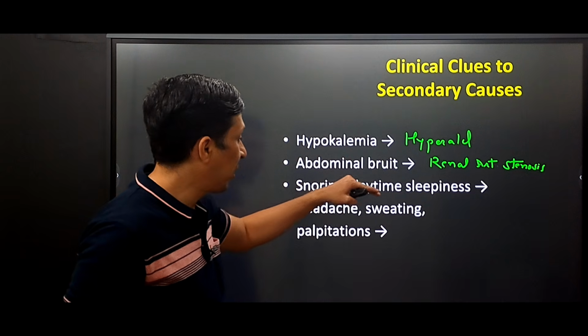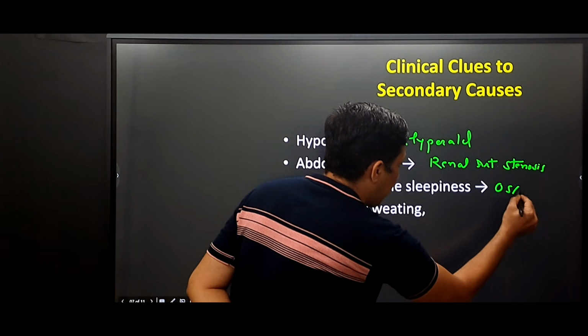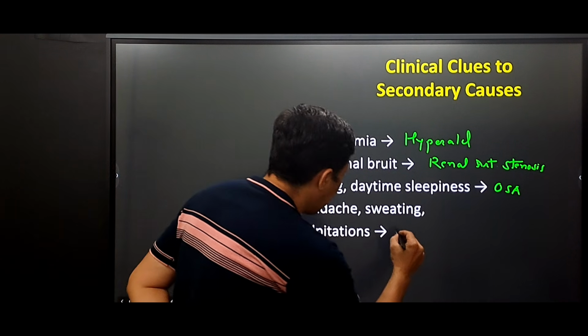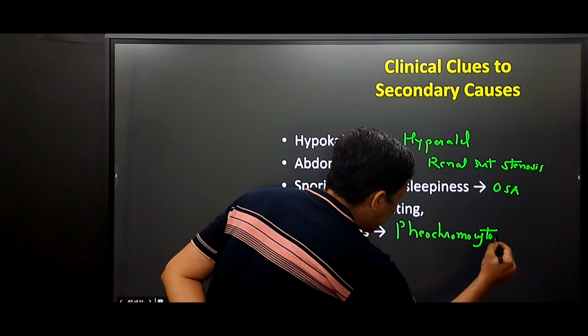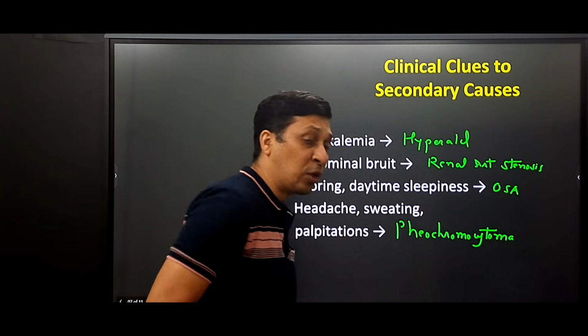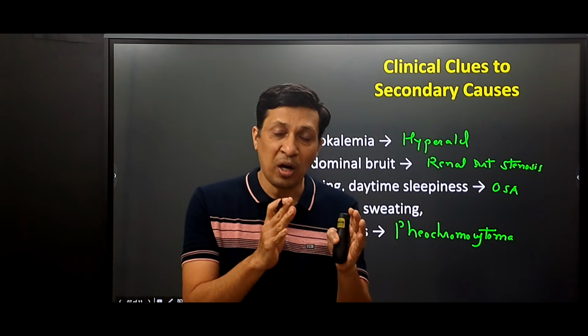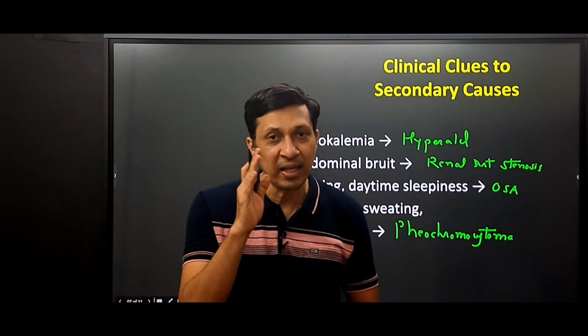If there is snoring or daytime sleepiness, it can be obstructive sleep apnea. And if there is headache, sweating, palpitation, then this can be pheochromocytoma. So in this way, the two important steps in the evaluation are that first you have to rule out pseudo-resistance, and then you also have to rule out secondary hypertension.